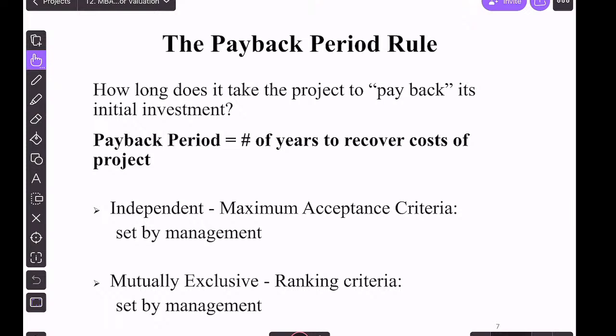Now, this is sort of common. It's a common kind of thing that people look at. Right? It's a very practical question. So I'm going to teach you how to compute that as precisely as we can get, again, given assumptions inherent in estimating all the cash flows.